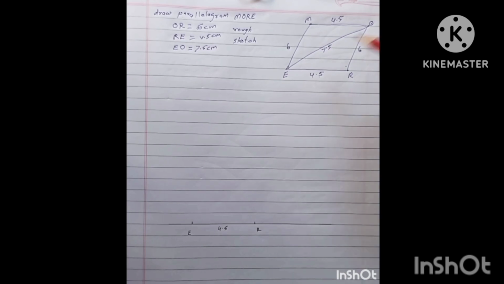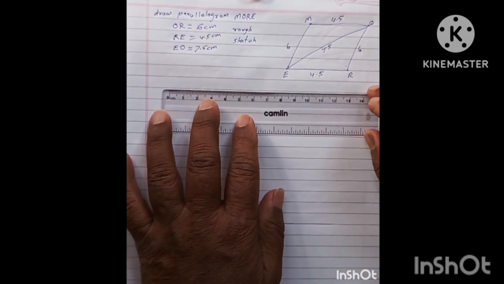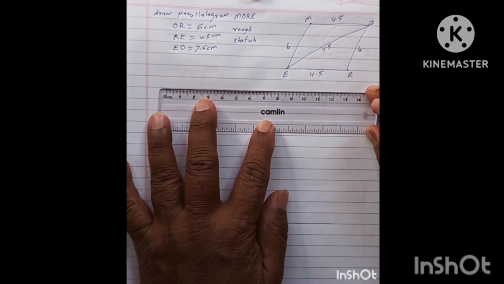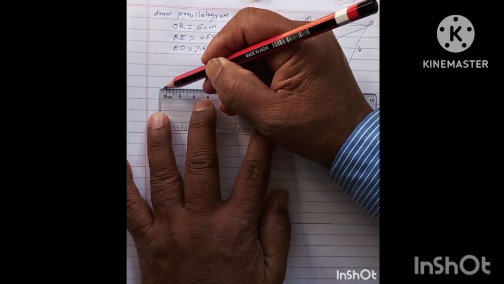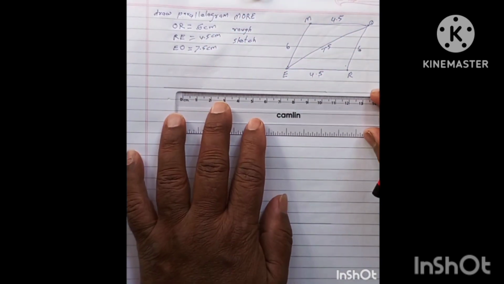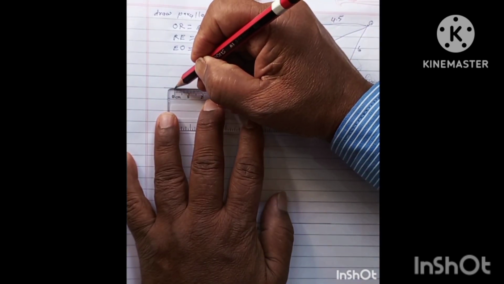Now that O is 6 centimeters and 7.5 centimeters, so you draw this, you want 4.5 centimeters also. All these measurements, mark all this on a strip so that you can take it. Always do it like this.